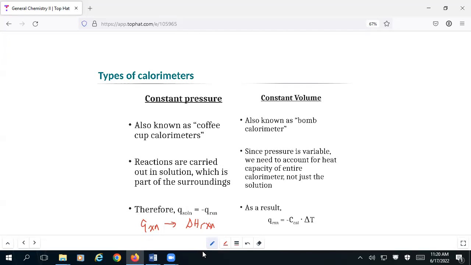Now, because there is variability in the pressure, we can't just simply do a heat transfer calculation like we have done for the others. We have to take into consideration that the calorimeter itself needs to be considered as part of the system. And so what we end up doing is something called a calorimeter constant.